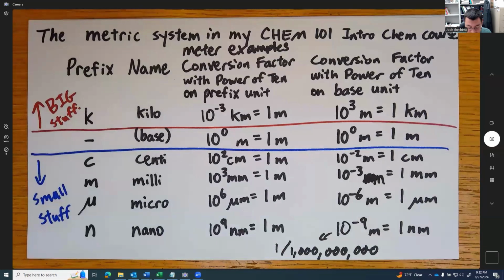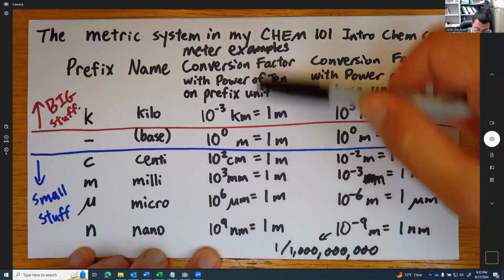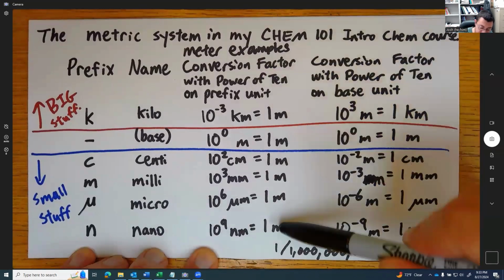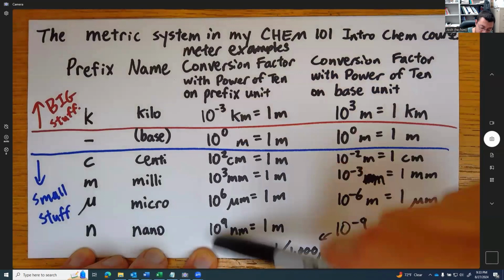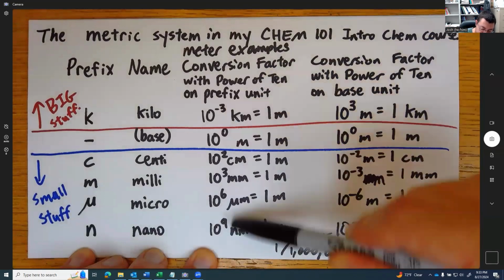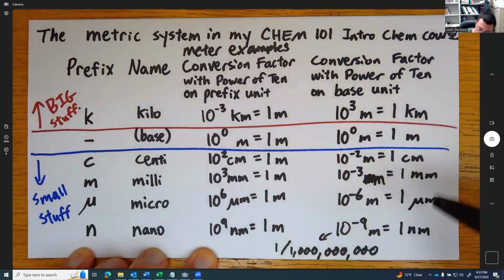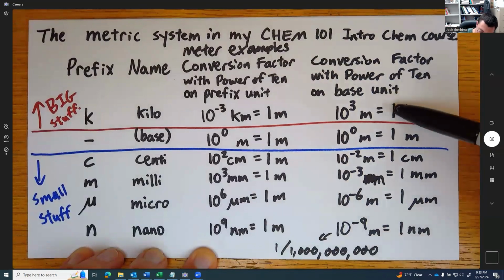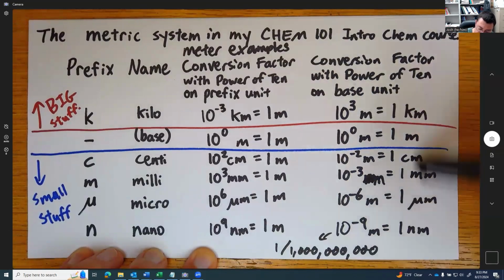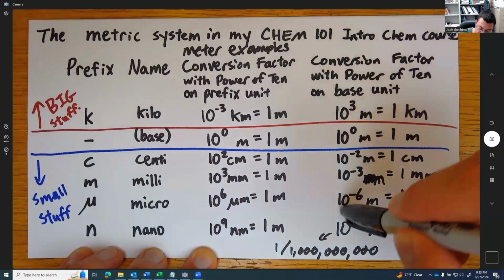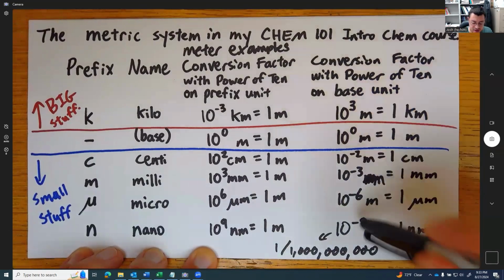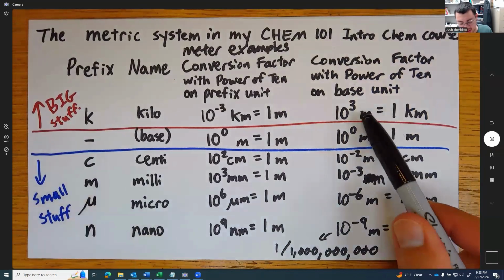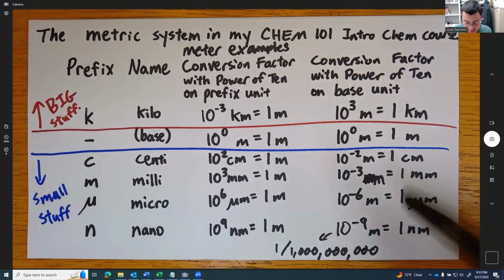Okay, so again, one more time, a review. For this conversion factor, I had everything set to 1 meter. I had the power of 10 adjustment on whatever unit I had the prefix on. And here I put the 1 next to whatever unit had the prefix, and then I put the power of 10 on the base unit, the original unit, in this case, the meter. Going all the way down.